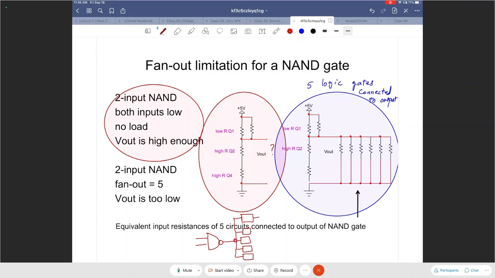One is there, one is the ground, right? So they are effectively going to work as 5 parallel resistors. Now, when you have 5 parallel resistors, what is going to happen to their overall resistance? The resistance gets lower. You got it.